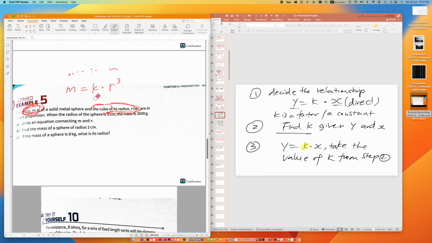Then what you do? Find k given y and x, right? Can you see the radius is 5? Can you see the mass is 3,500? Can you find k?